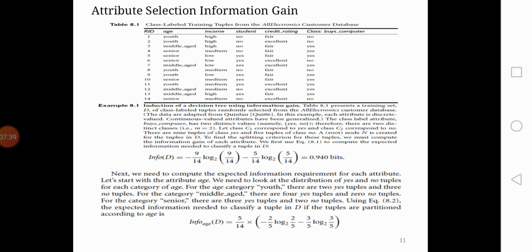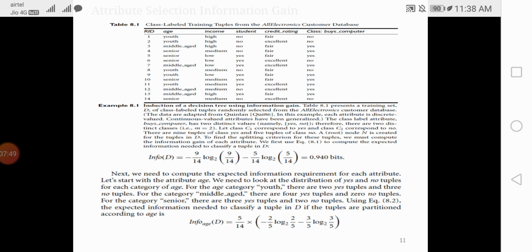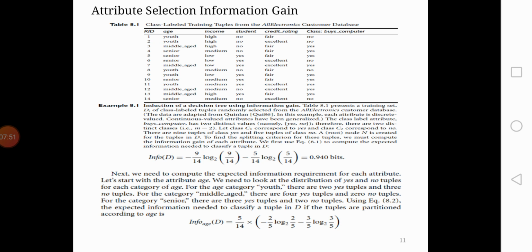See here, m equals 2 because yes belongs to one class and no belongs to another class. Let class C1 correspond to yes and class C2 correspond to no. There are 9 tuples of class yes and 5 tuples of class no. The class label buys computer contains 14 tuples in total, 9 yes and 5 no. According to the decision tree algorithm, initially we need to create a node.